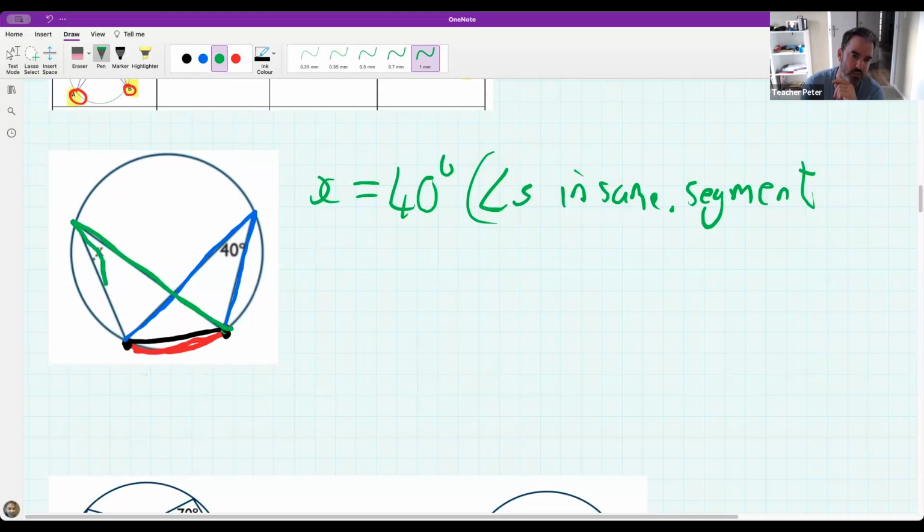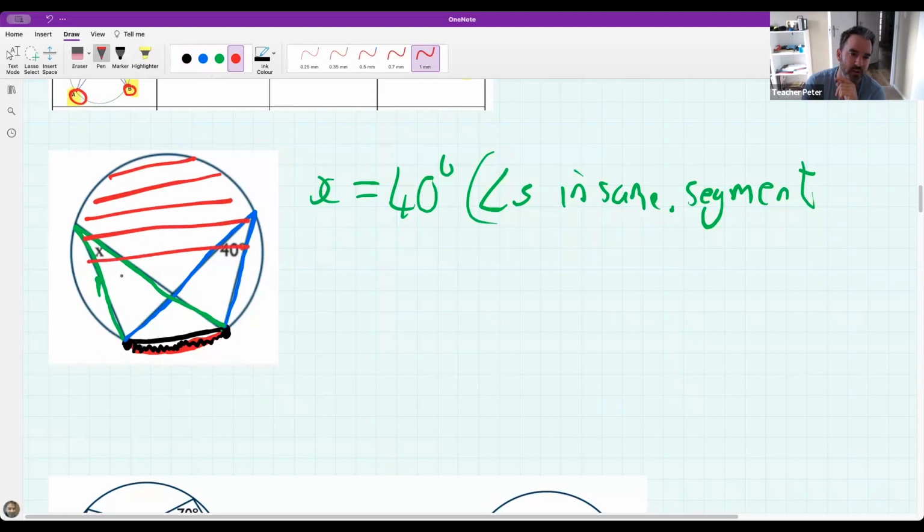The reason it's called angles in the same segment is that the one segment is sitting over here on this side of the chord. It's a really small segment, and everything else is on the other side. So these angles are in the same segment on this side.